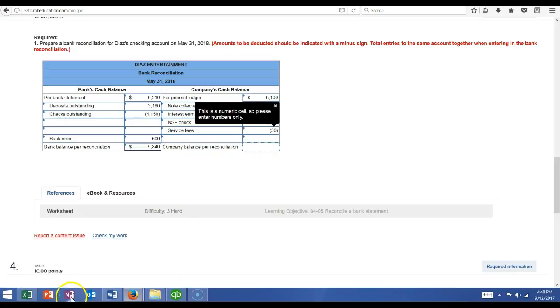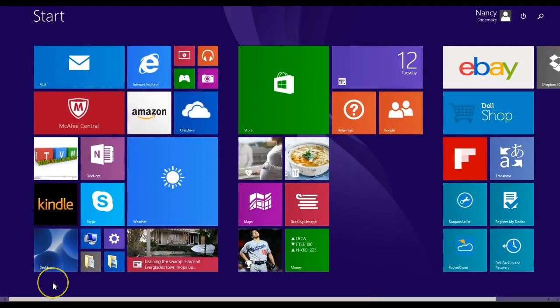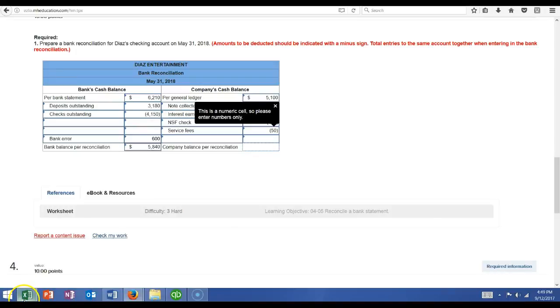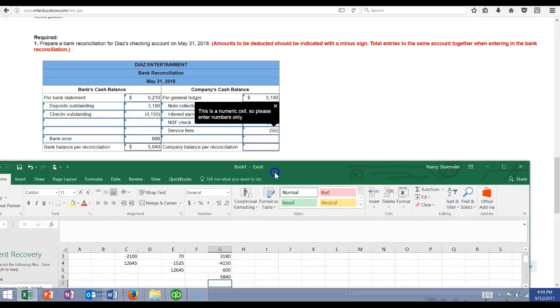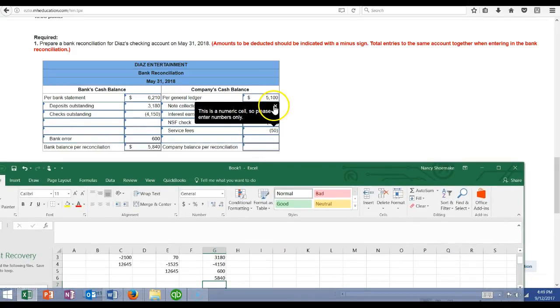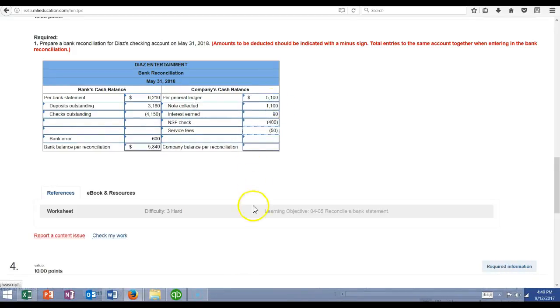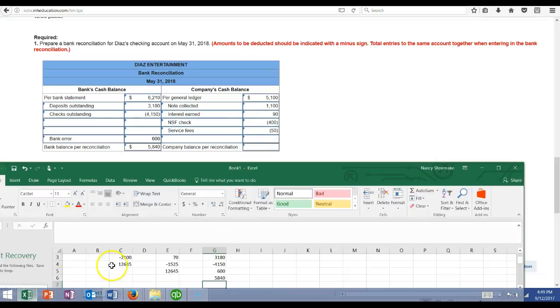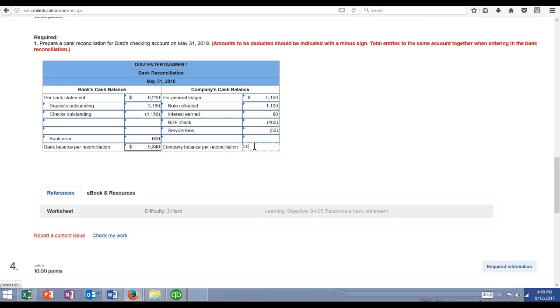Then it looks like we have a service fee here of $50. So we'll go back here and take $5,100, $6,200, $6,290, and minus $450 should be a total of $5,840.